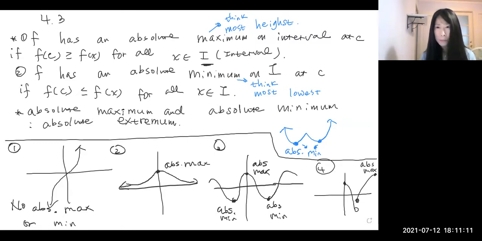Well, the point is undefined, but there's a point right before that point that maybe could count as the absolute minimum. So we don't say this is absolute minimum, sorry about that. Because the function is not continuous, okay?